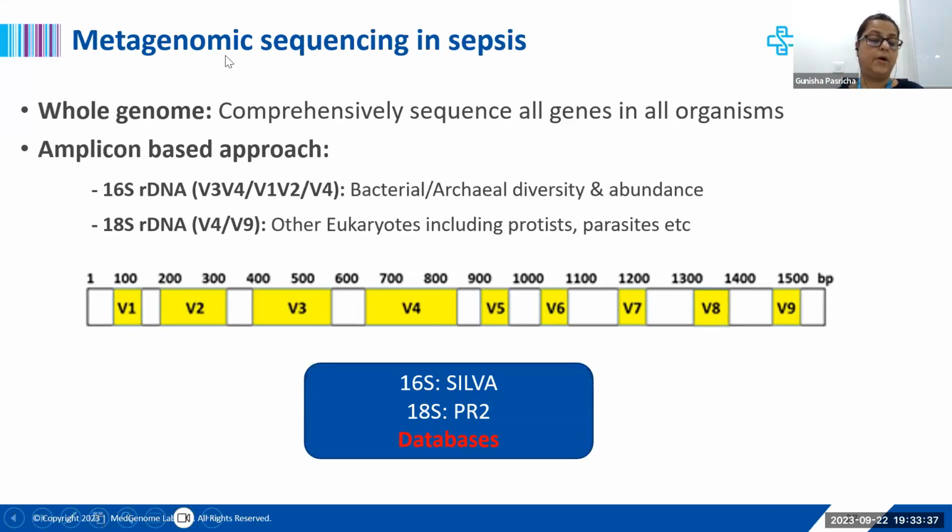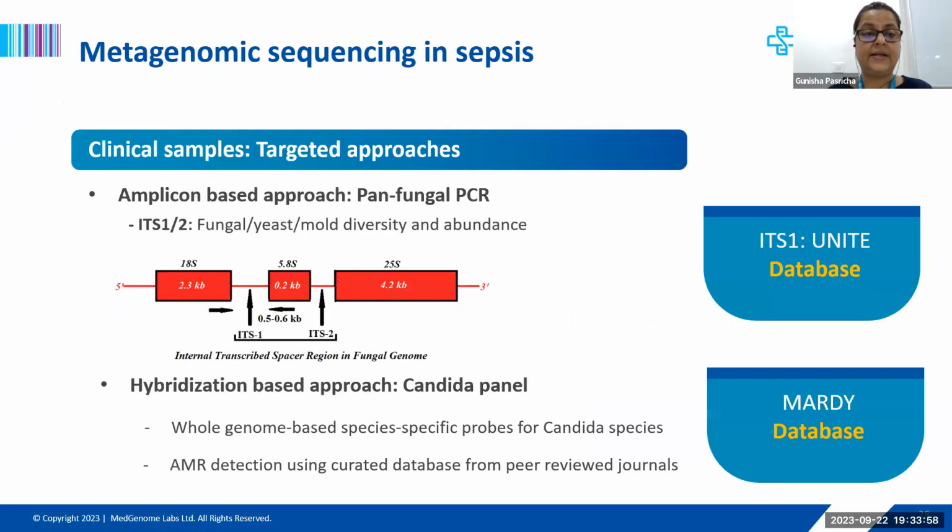We also do an amplicon-based approach using 16S rDNA, among the various variable regions of which V3-V4 is the most popular. For eukaryotes there is none, but for sepsis I think we should just stick to 16S, and for interpretation there are SILVA databases.